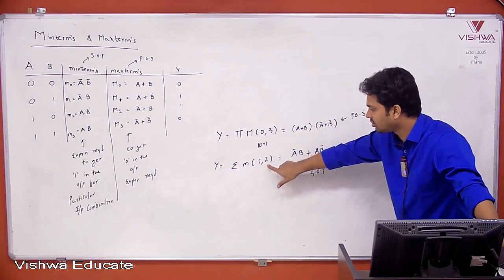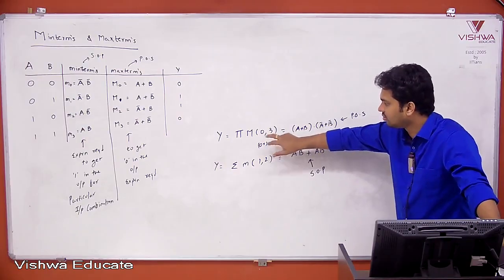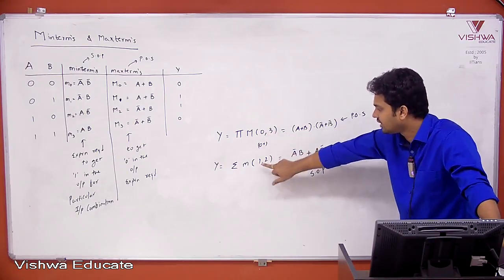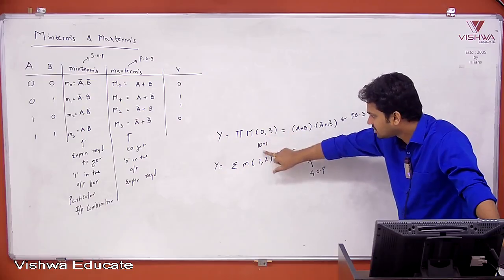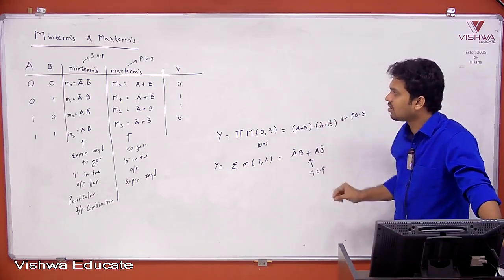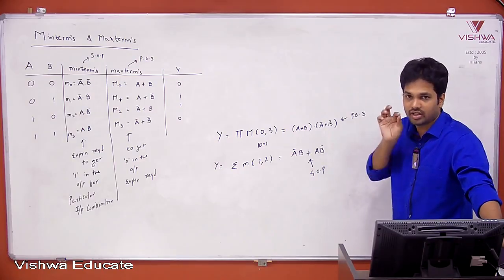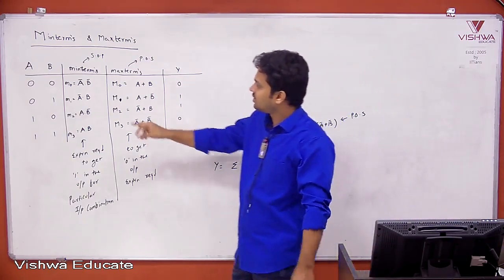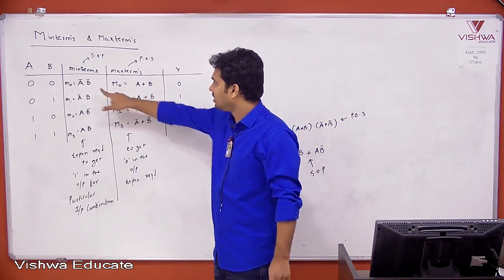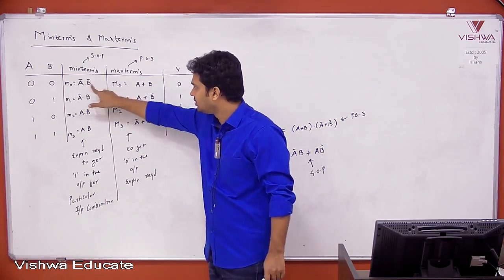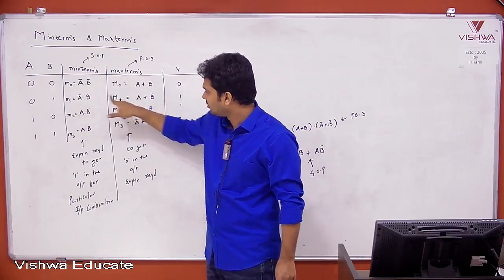You can also understand here, these terms are complementary. Suppose if you have 1, 2 here, you always get other than 1, 2. If you have 0, 3 here, you always get other than 0, 3. These terms, that is min terms and max terms, are always complementary. But SOP and POS are not complementary. Very important. Because min terms represent 1 and max terms represent 0, they are definitely complementary. You take the complement of this, you get this.